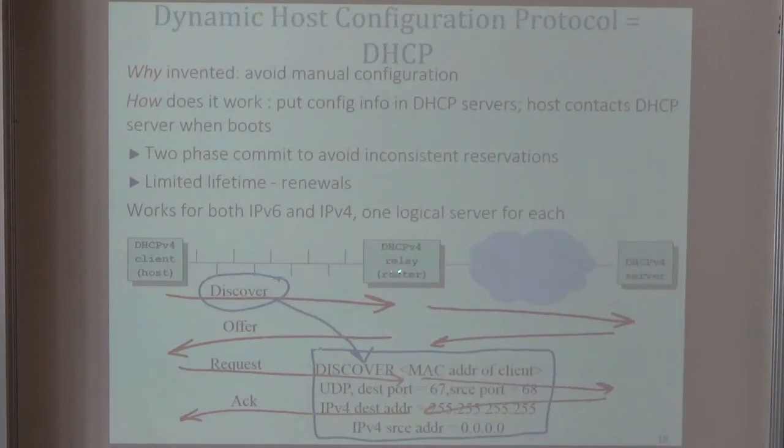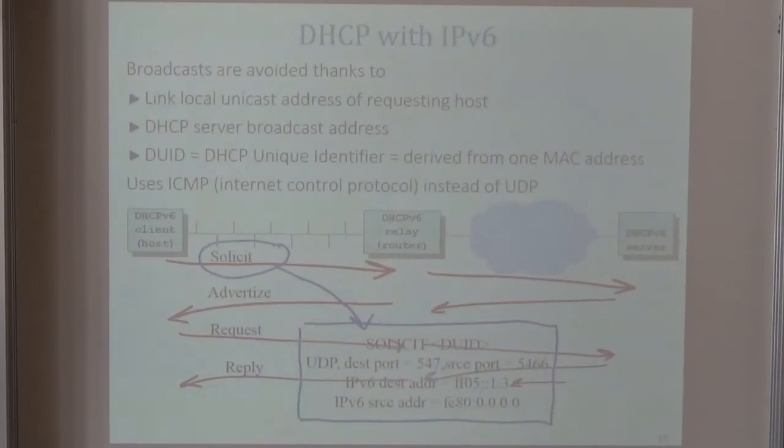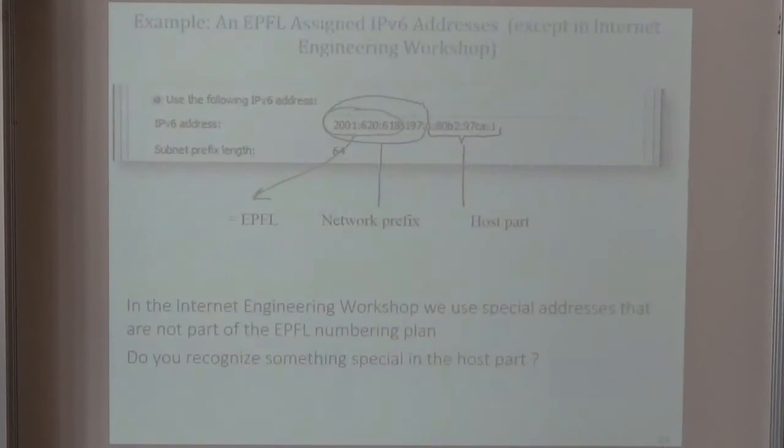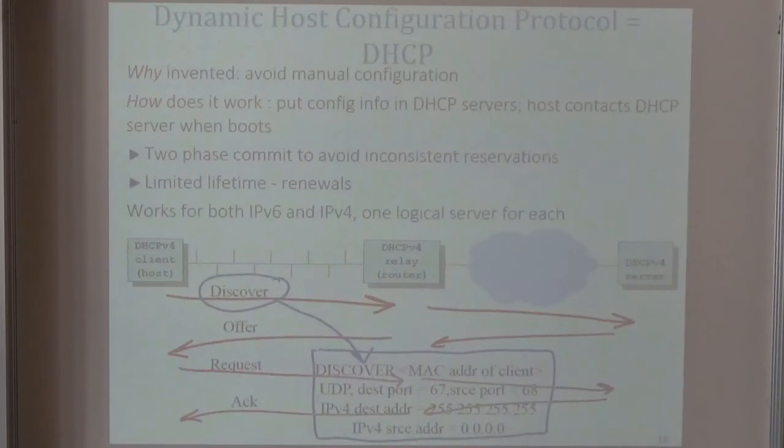Now, because I know the interface on which it came, I could know, in fact, here what is the prefix, but here I'm just a relay, so I'm a stupid machine, I relay. So the DHCP server will respond by, this is IPv6, will respond by sending a message back to the relay router.